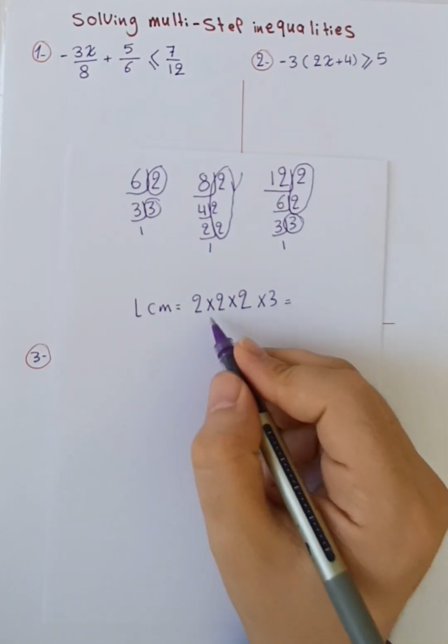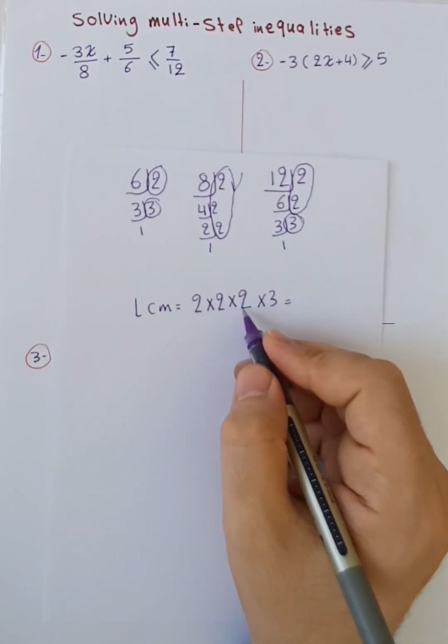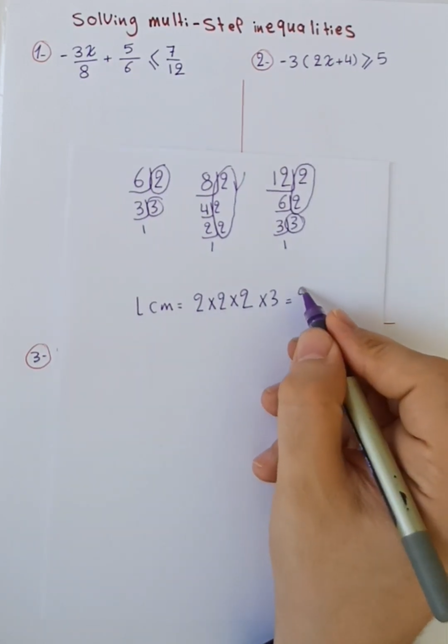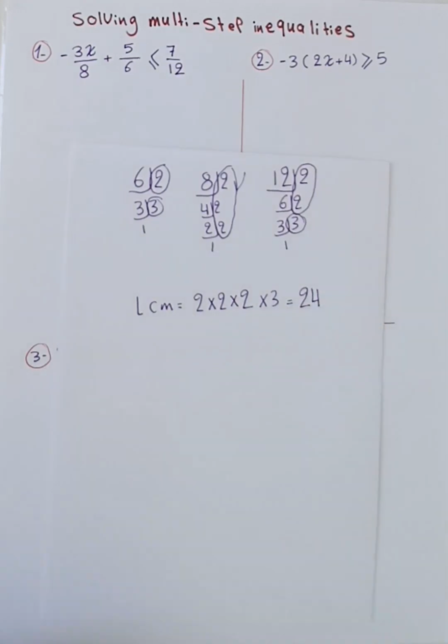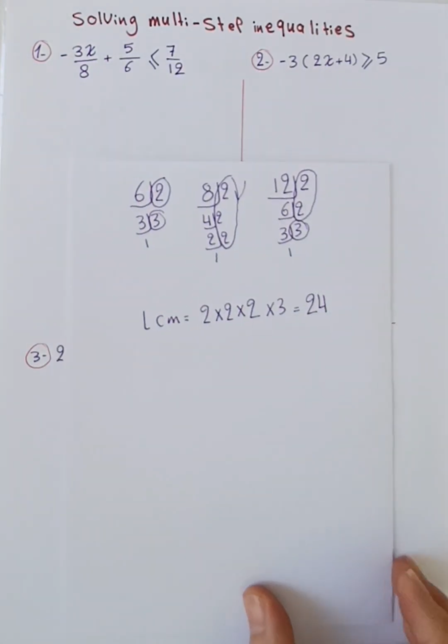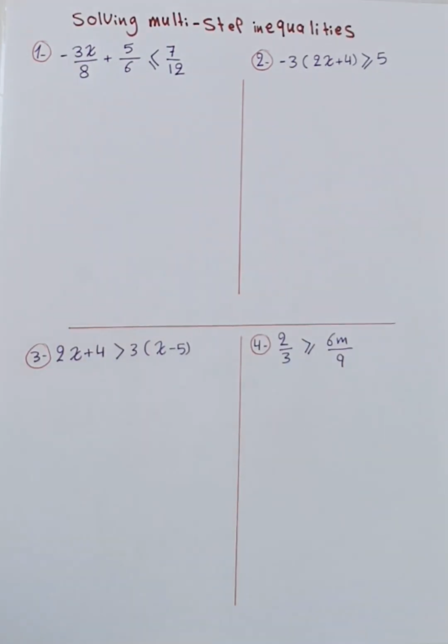Then multiply: 2 times 2 is 4, 4 times 2 is 8, 3 times 8 is 24. So the least common multiple for 8, 6 and 12 is 24.